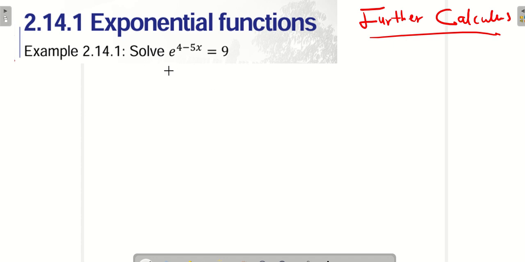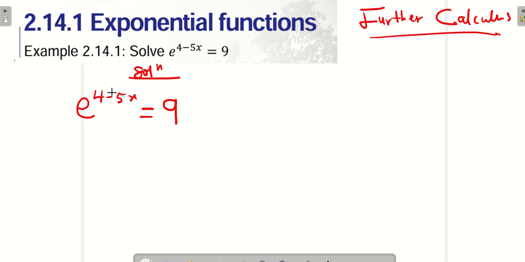Now, let's take this example. Solve e to the power 4 minus 5x equal to 9. Now we have e to the power 4 minus 5x should be equal to 9.